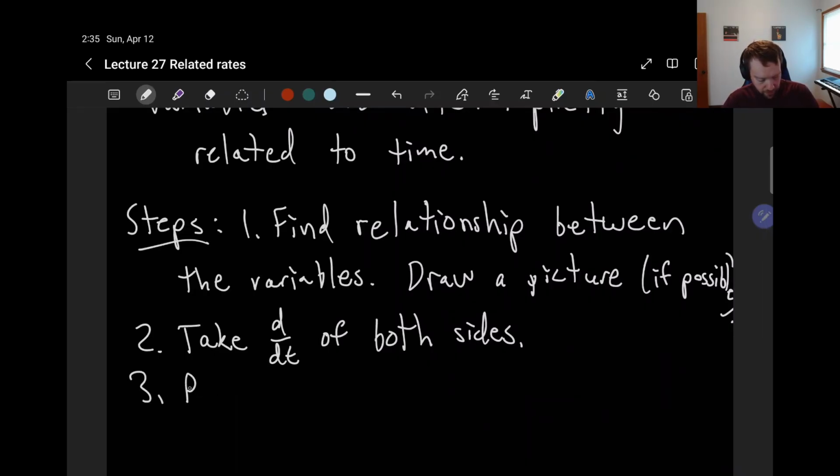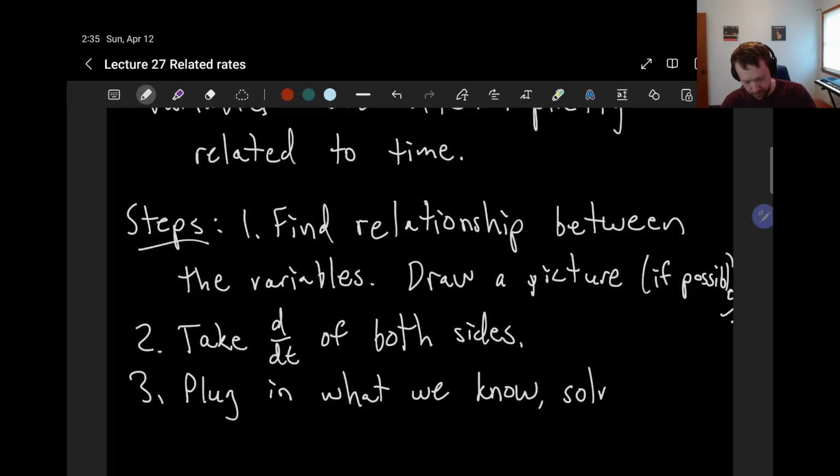And number 3, then we plug in what we know. We'll be given some specific information at a particular time, and so we'll want to plug in our stuff to figure out the missing variable. We solve for what we want.